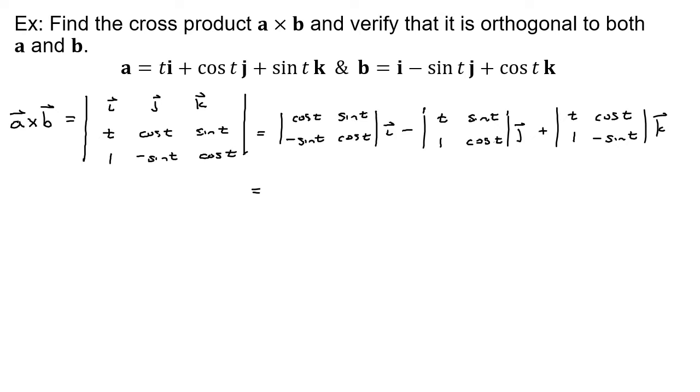And so I would do the diagonals again. Cosine times cosine, which would be cosine squared. And then minus the other direction, sine times negative sine, is negative sine t squared.